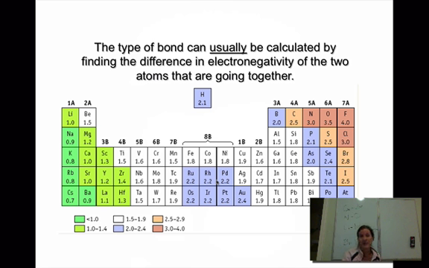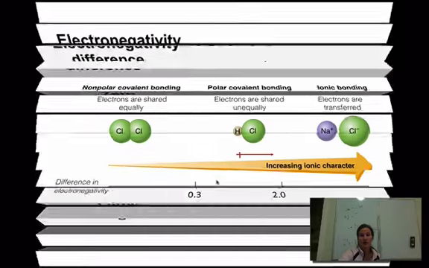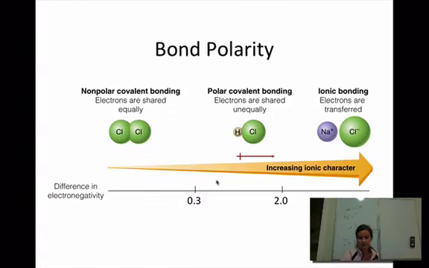And then at some point, the difference gets so great that one is actually able to rip the electron away from the other. You have an electronegativity chart on the back of the periodic table I already gave you. And this is what you're going to use as we try to determine if our bonds are nonpolar, polar, or ionic. So what are the numbers that tell us?